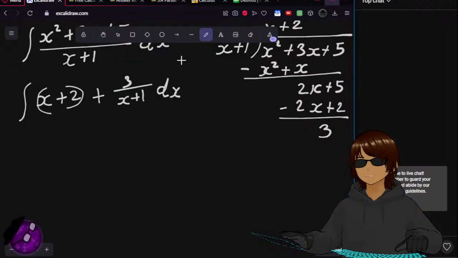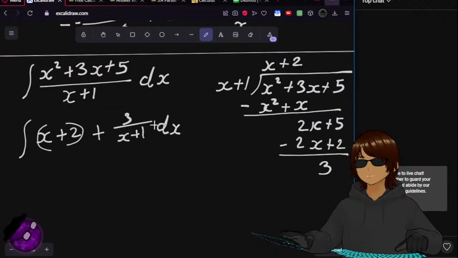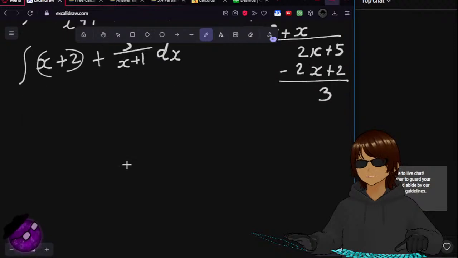Is this correct? If I multiply the top and bottom by x plus 1, then I would have x squared plus 2x. Yeah, I think it's correct. Then I can separate them.